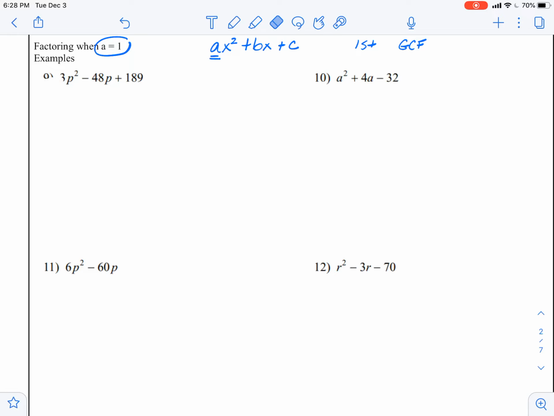And 3 will go into all of those. So 3 divided by 3 is 1. 48 divided by 3 is 16. And 189 divided by 3 would be what, 63? Okay. Again, the 3 is just going to hang around.